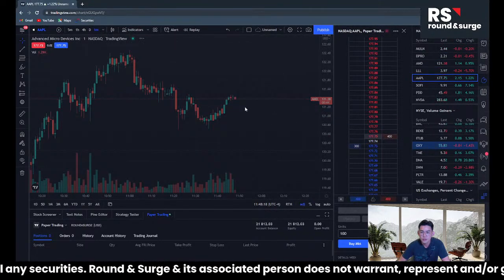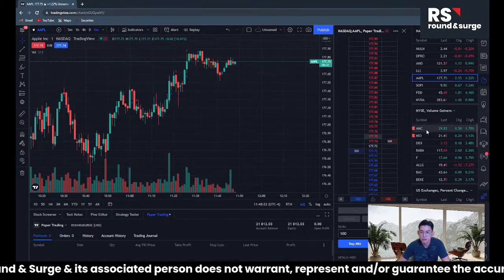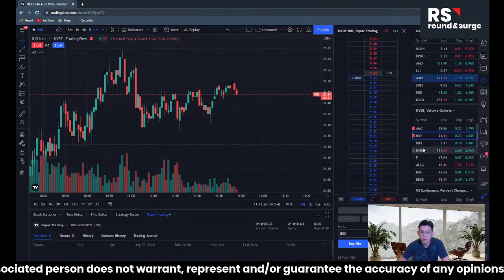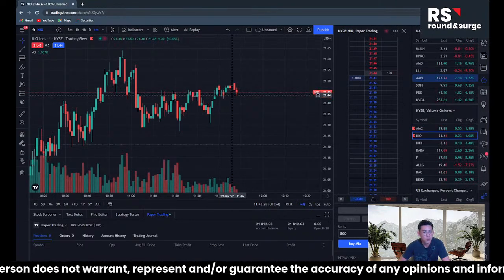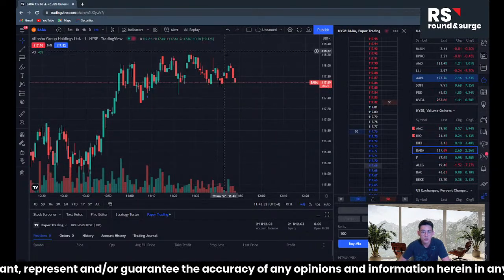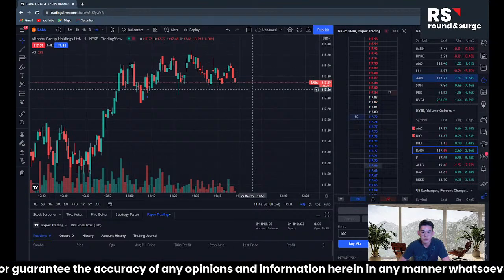Let's find other stocks to look into, to trade. Oh, but this one is sideways, so I'm not going to take this. But Alibaba seems like it's going to a reversal.